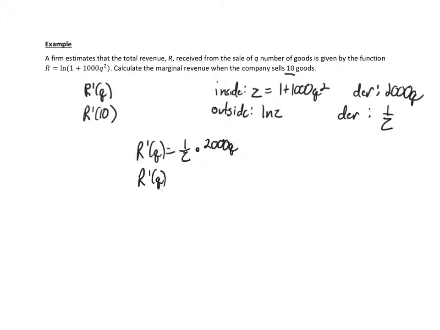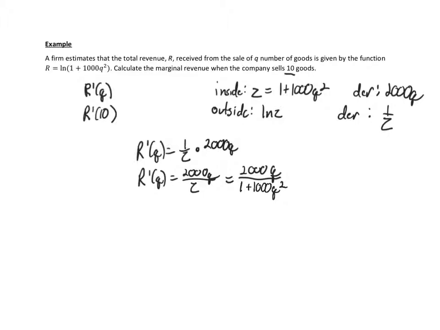R prime of q equals 2,000 q over z. Plugging z back in, 2,000 q over 1 plus 1,000 q squared.